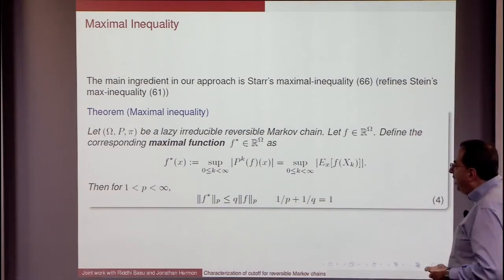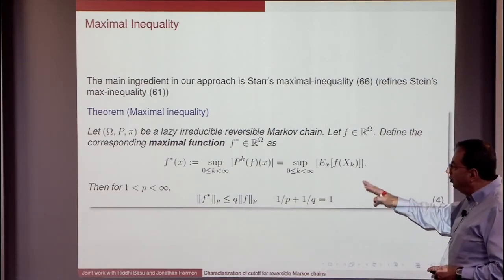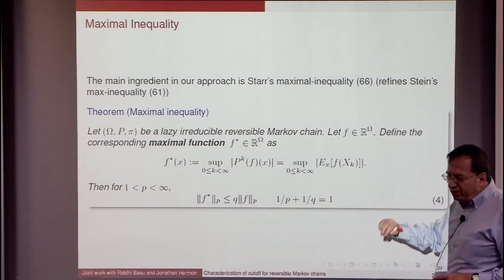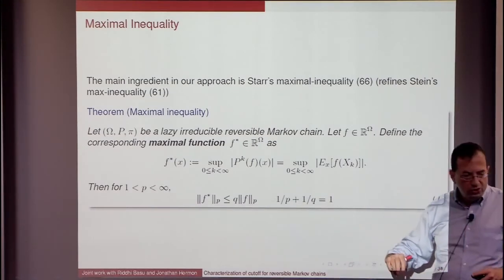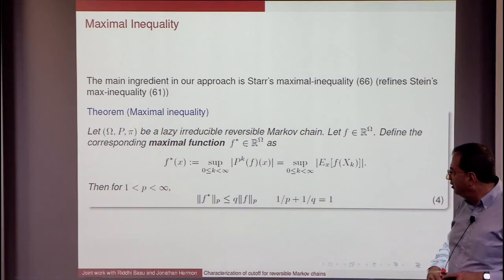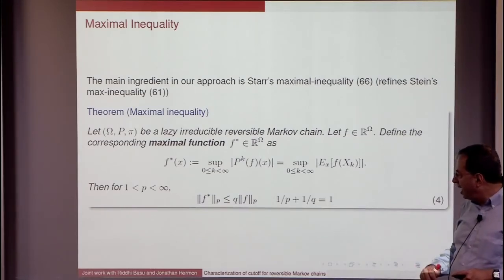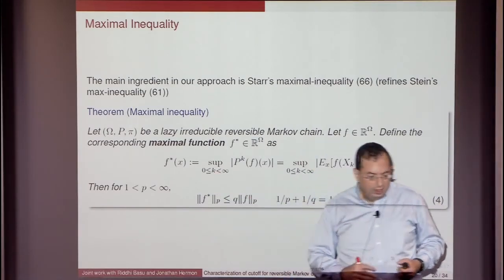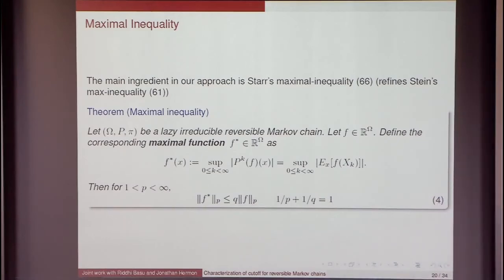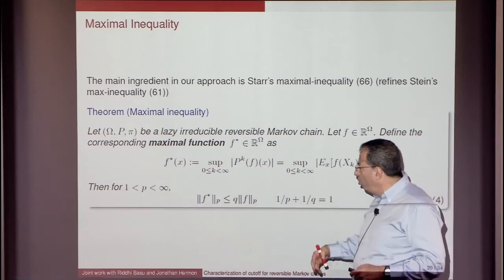Take any Markov chain here, any reversible Markov chain. I'm going to throw in the laziness, which simplifies things a bit. And so what is the maximal function? f star of x is so we take P to the k f, and we maximize over all k into the future. Okay?